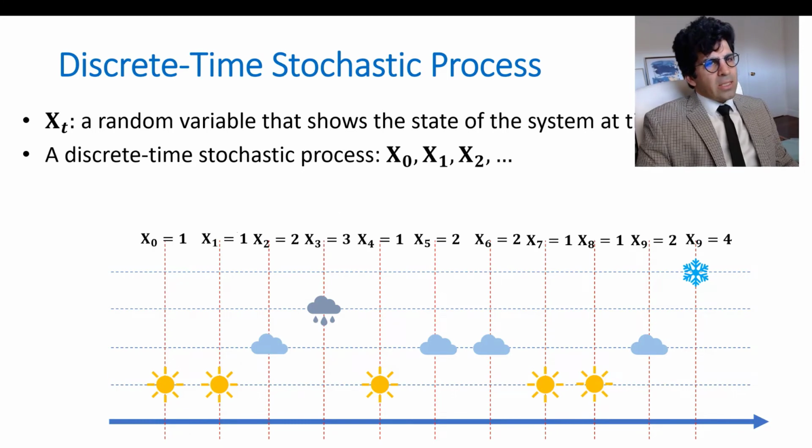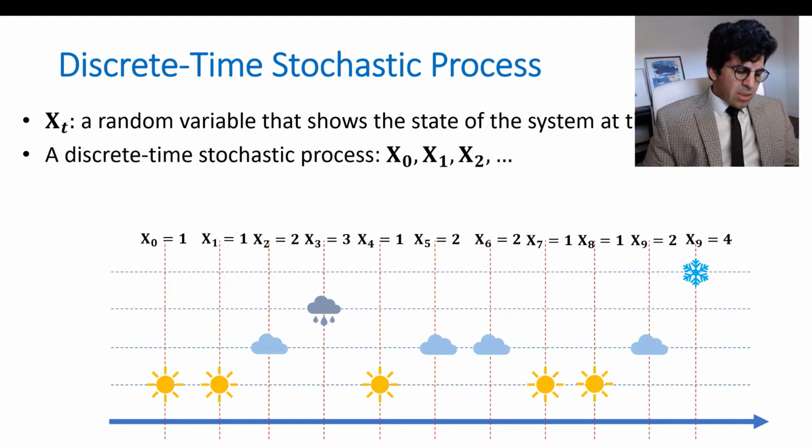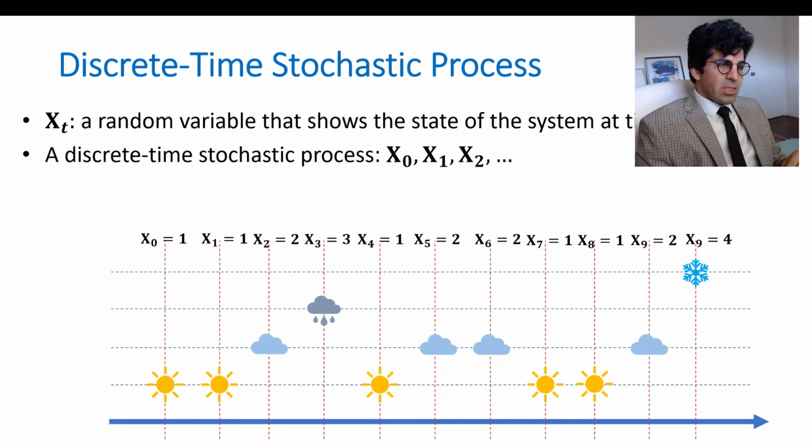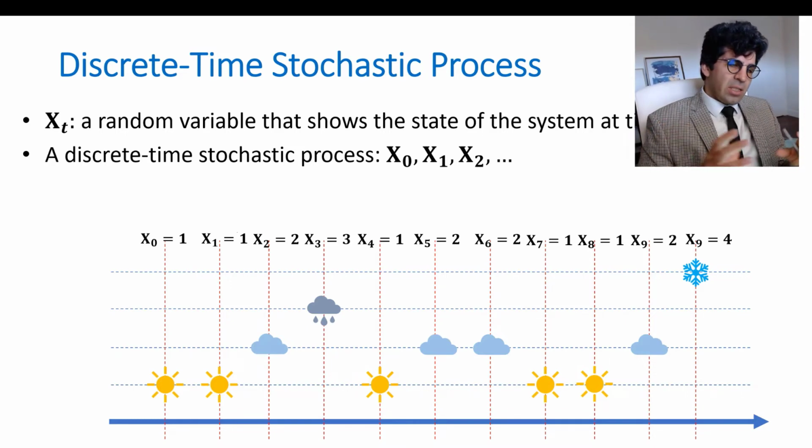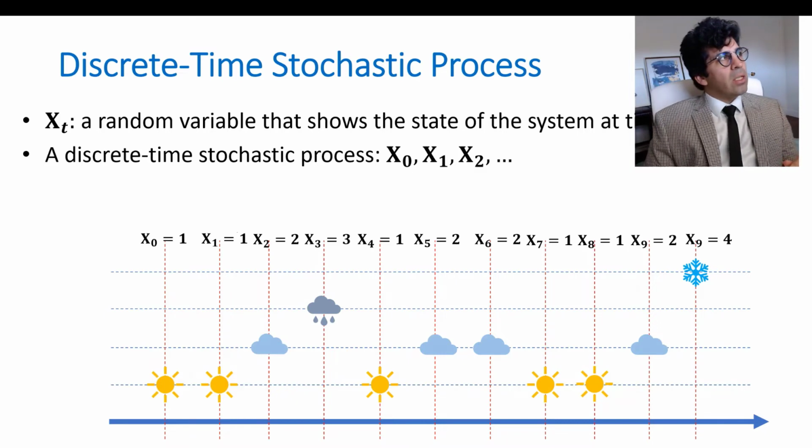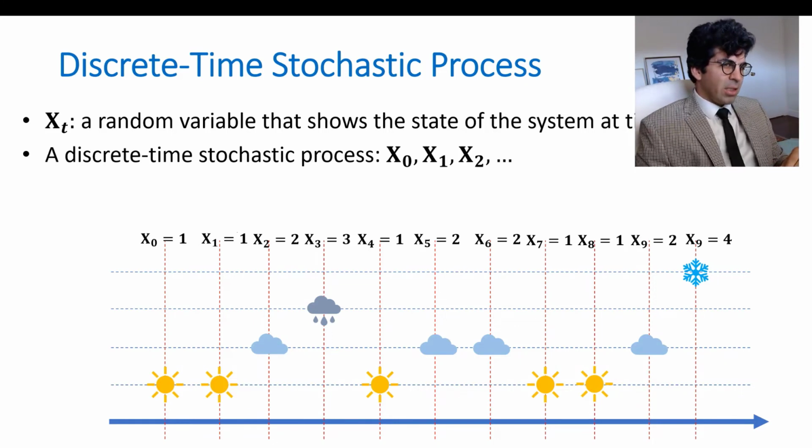So let's make it a little more formal. Let's define x sub t as a random variable that shows the state of the system at time t. A discrete time stochastic process is basically a collection of these random variables. So x sub 1 is what's the emotion of your colleague on the first day, on the second day, basically.